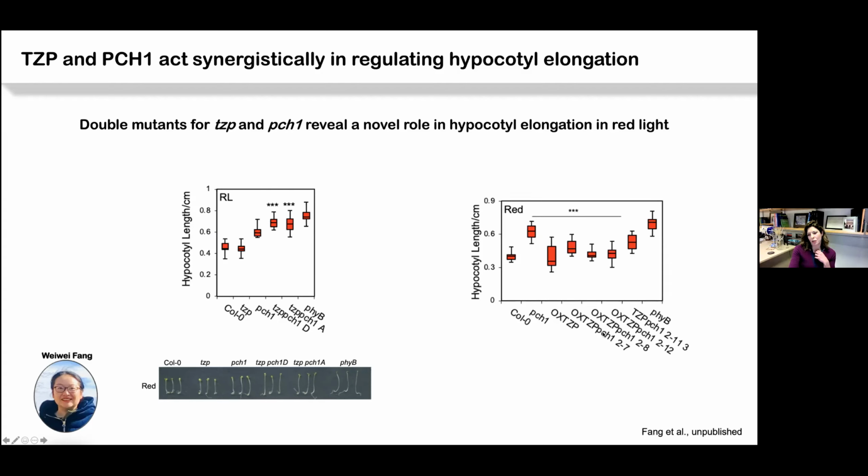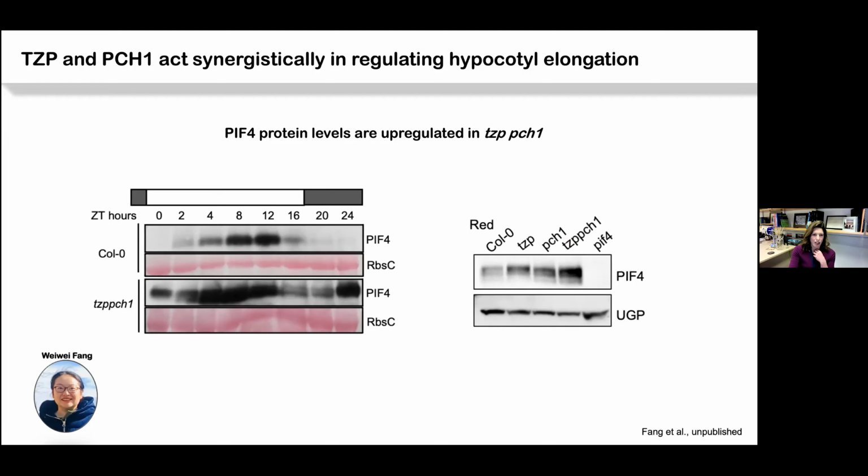And here you can see when you overexpress TZP in a pch1 mutant background, you can partly compensate for this lack of PCH1. And this potentially occurs through an increase of PIF4 protein abundance.